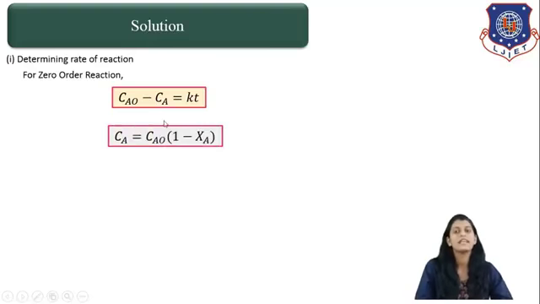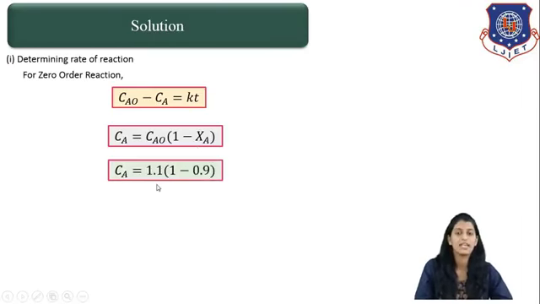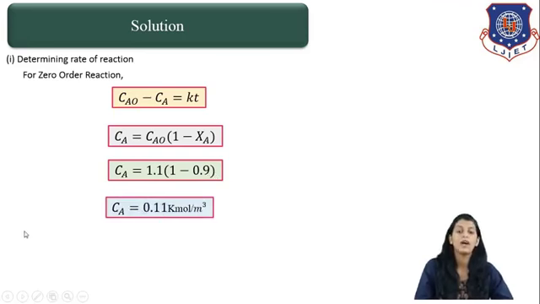For calculating the value of Ca, we are going to use this particular formula of conversion, which is Ca equals Ca0 into 1 minus Xa. Substitute value of Ca0 and Xa in this equation. So you will be getting Ca equals 1.1 into 1 minus 0.9. Right? Solve this, you will get the value as 0.11 kilomole per meter cube.